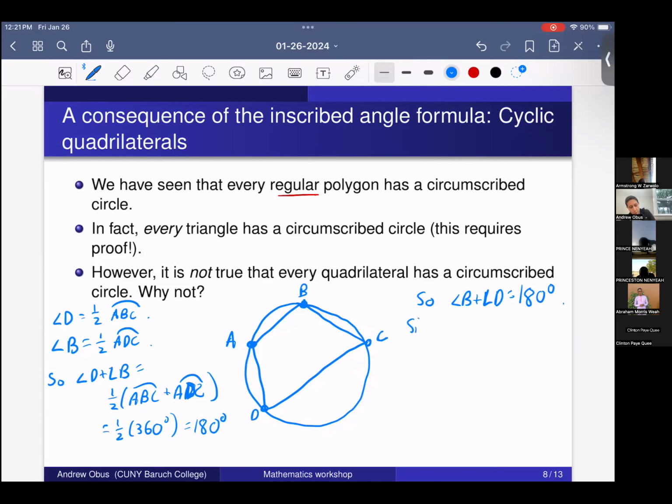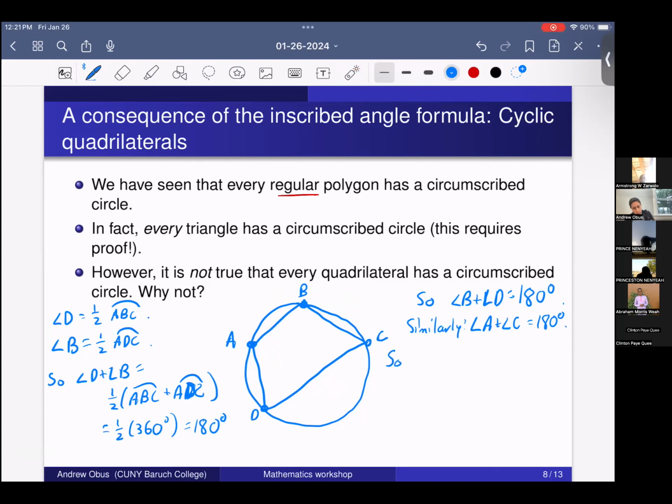And you can make a similar argument. Similarly, angle A plus angle C is also equal to 180 degrees. So this tells us that if you have a quadrilateral with a circumscribed circle, this is sometimes called a cyclic quadrilateral, then if you look at the opposite angles, they have to add up to 180 degrees, right?